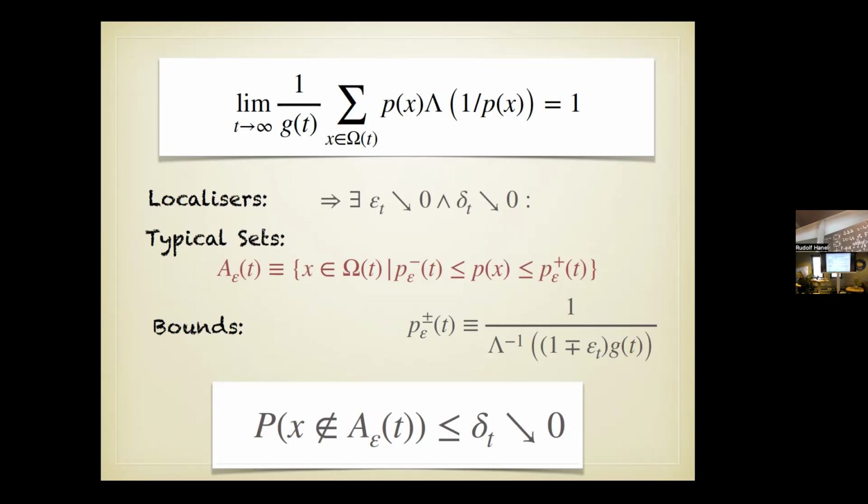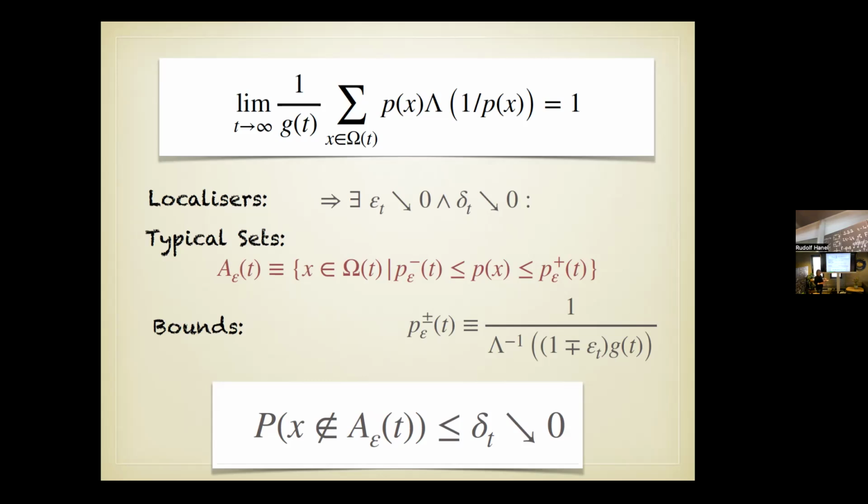And again, typicality is not an exact thing, because you have some freedom in choosing your localizers. You have some freedom in choosing how your epsilon and the delta go to zero.